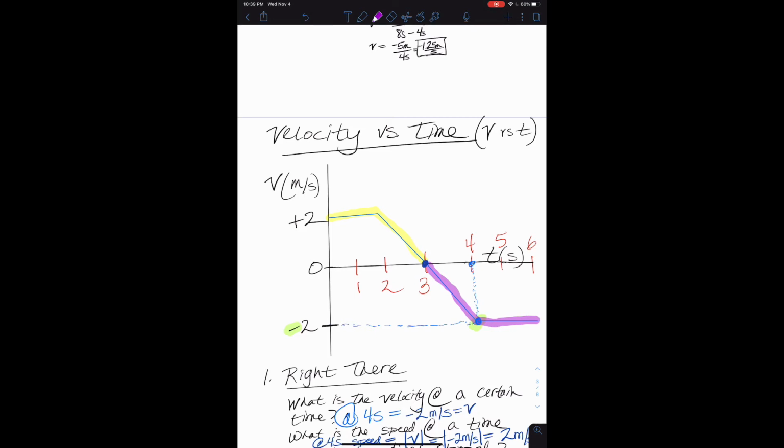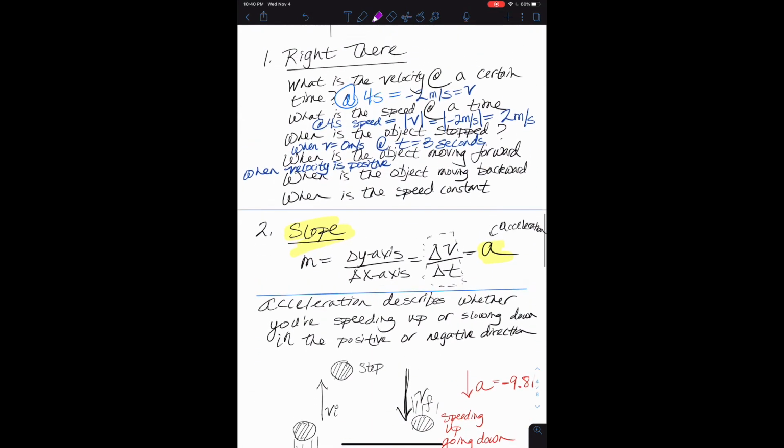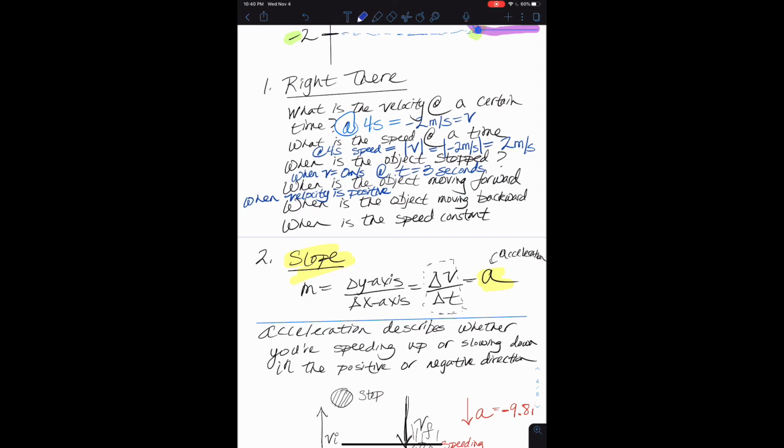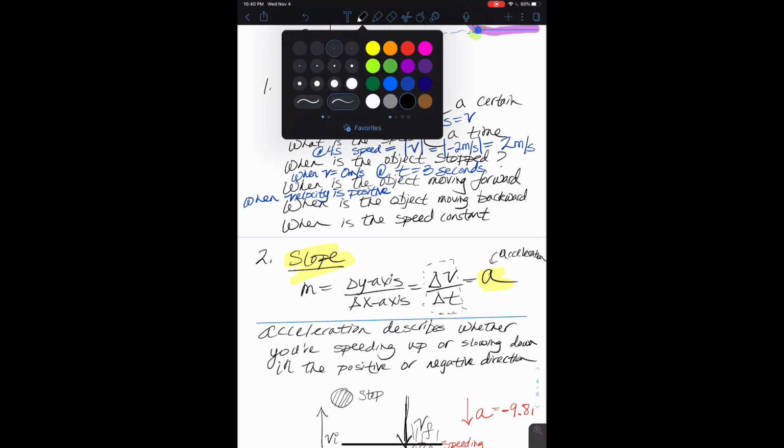So what times is the velocity positive? Or when is the object moving forward, right? We would say from time 0 to 3 seconds, that yellow line. That's when it's moving forward. Let me get my blue marker again.